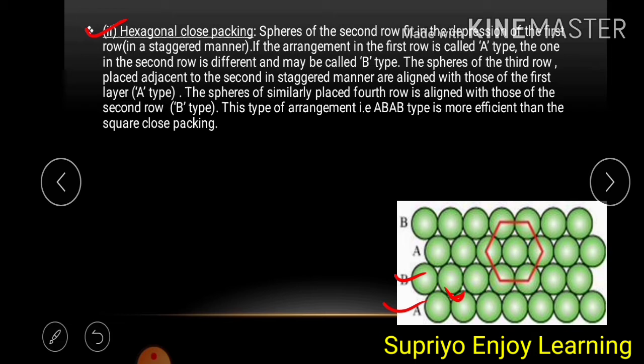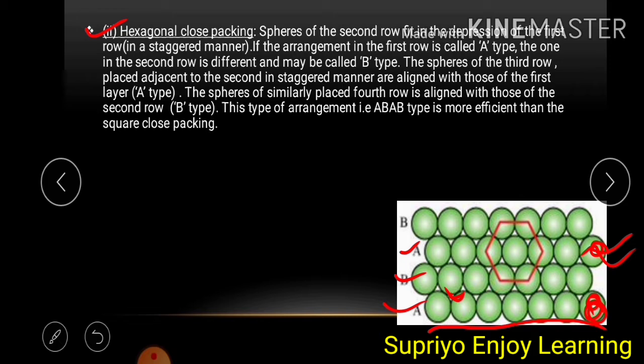The spheres of the third row placed adjacent to the second in staggered manner are aligned with those of the first layer. Means this first layer is exactly the same as that third one. So the spheres of that first layer are matching with the spheres of the third layer.